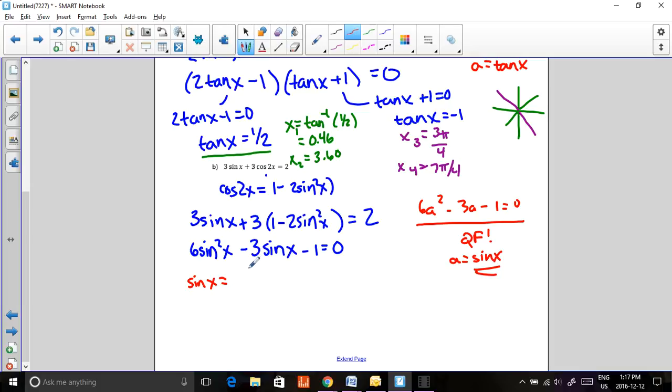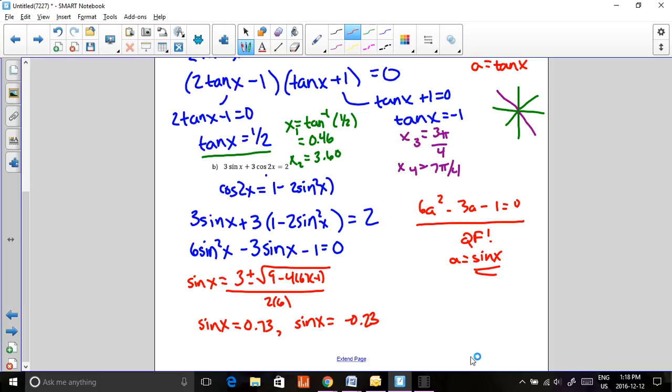Okay, so we have negative b, so 3 plus or minus the square root of b squared, so 3 squared, which is 9, minus 4 times 6 times minus 1, all over 2 times 6. So you get that sine x is equal to 0.73, and you get that sine x could be equal to negative 0.23.